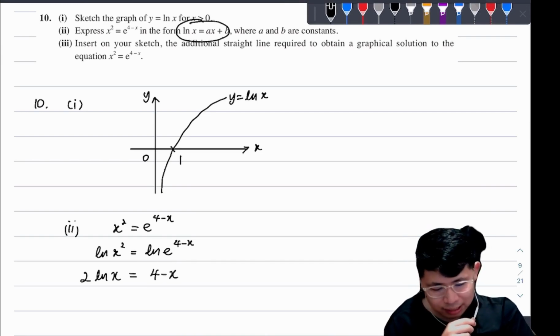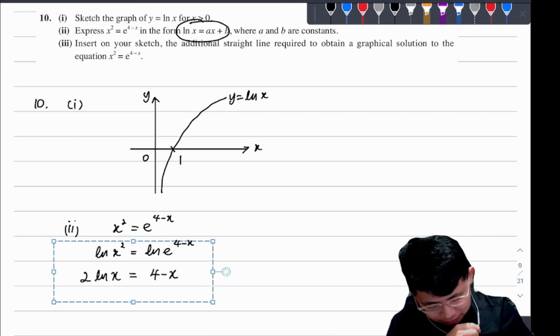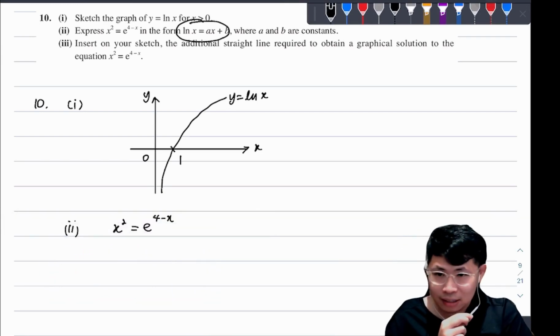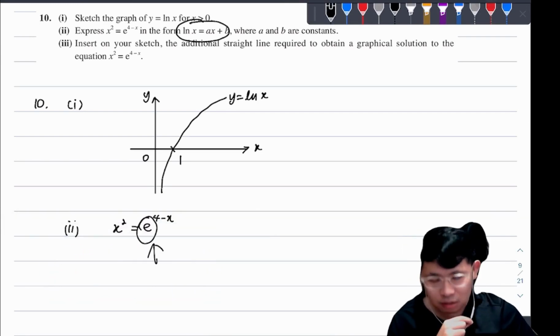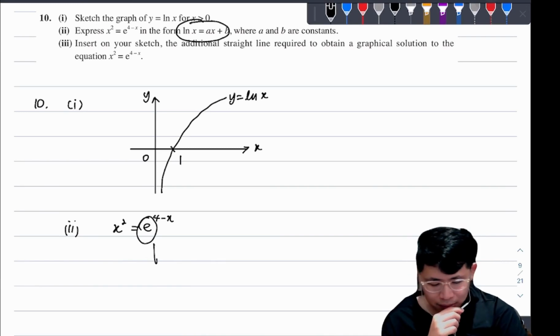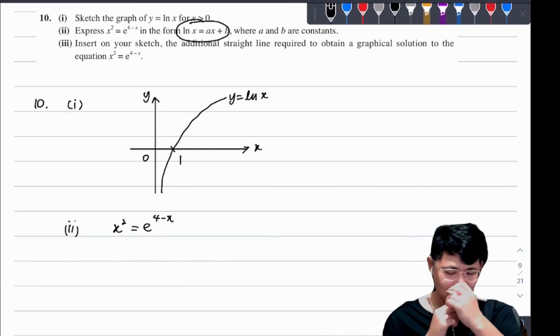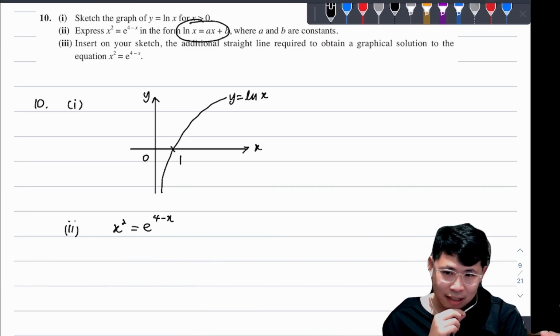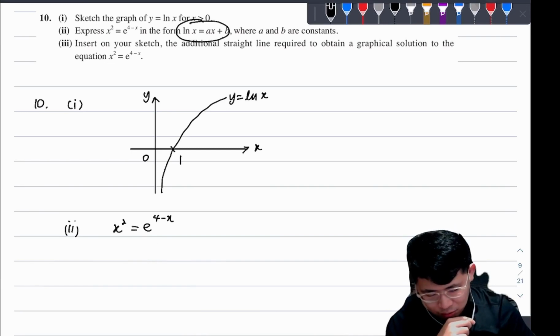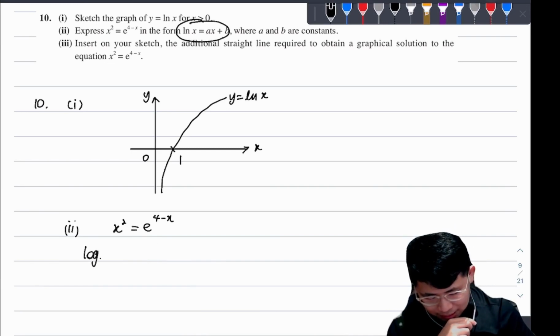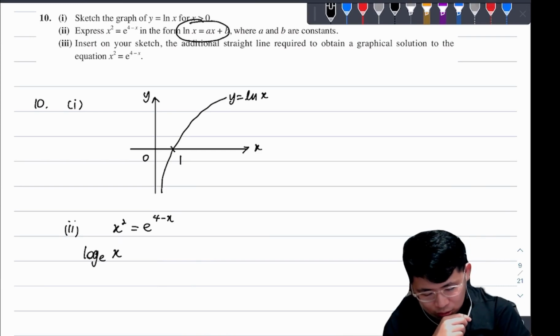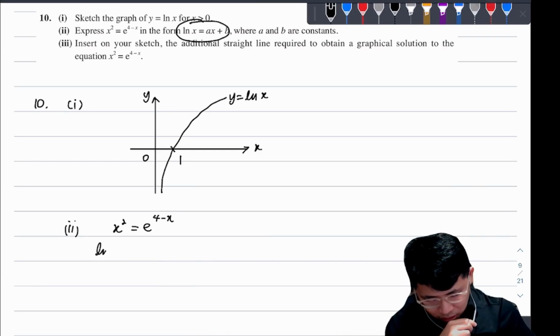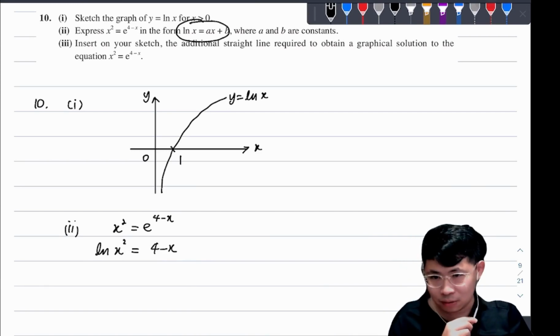Otherwise, the second way to do this is, because I want ln x on the left, and ln is actually base e, it means I want my base e to be on the left. So how do I move from the index base e to the left? This would become log base e of x squared, so log base e would be ln x squared. Then on the right, the power just comes down.